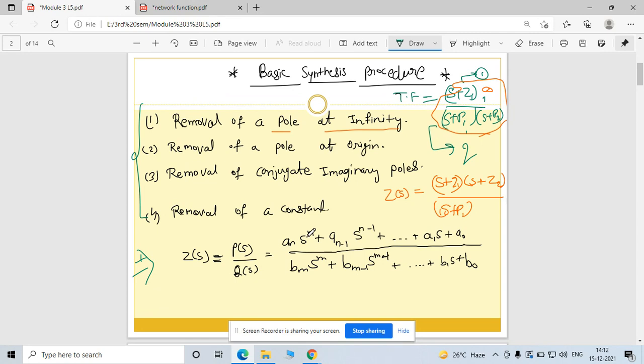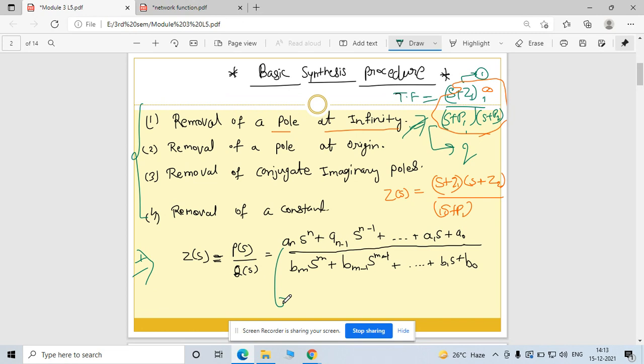See here, if you make this impedance in standard format, for example, this format, s plus z1, where the coefficient of s is 1. So make this equation in this standard format, right? You have to take out the common an from the numerator and bm from the denominator. Once you take the common factor from the numerator, the coefficient of the highest degree of s is 1.